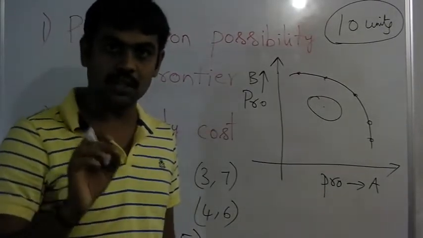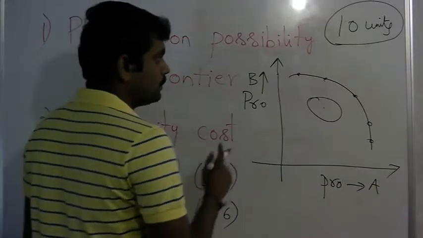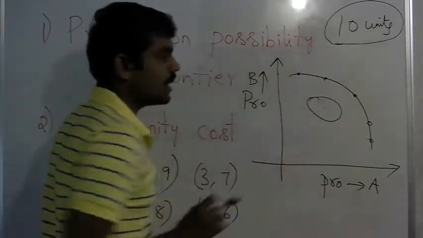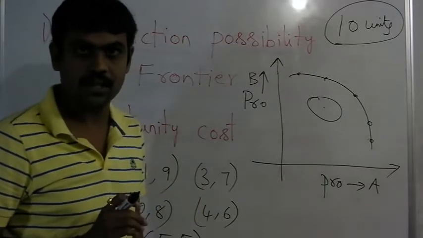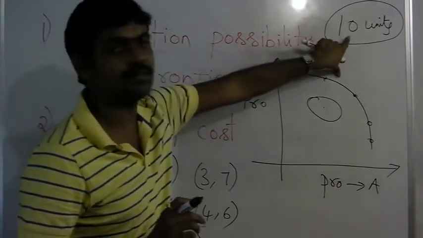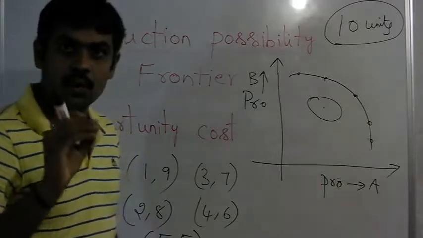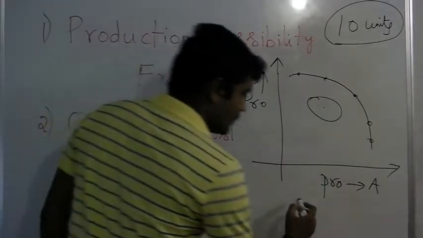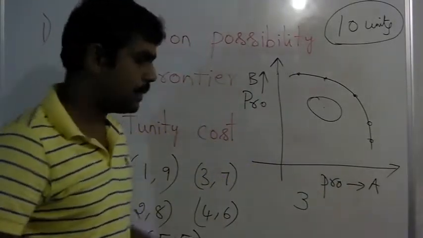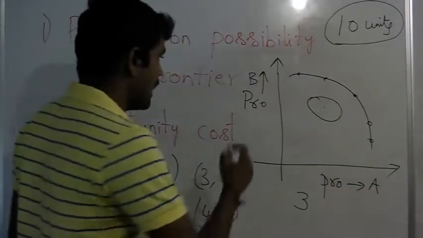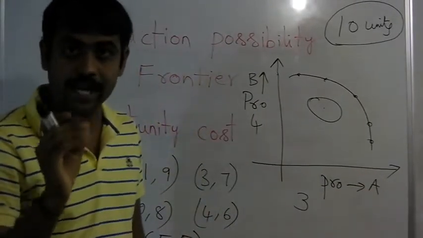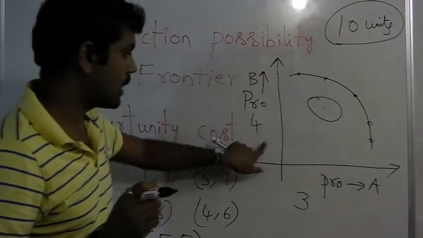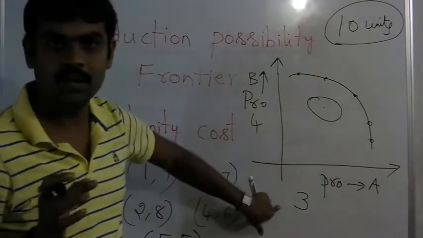Wastage of units means here, for example, using 8 units of these allocated resources, we are able to produce 3 goods of A and 4 goods of B. Using 8 allocated resources, we are able to produce these.